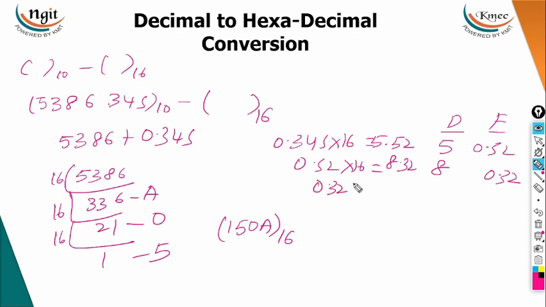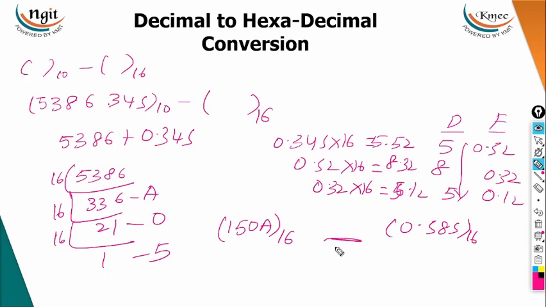Now again multiply 0.32 by 16, you get 5.12. 5 as decimal part and 0.12. Now collect in top down approach, that is 0.585 to the base 16.